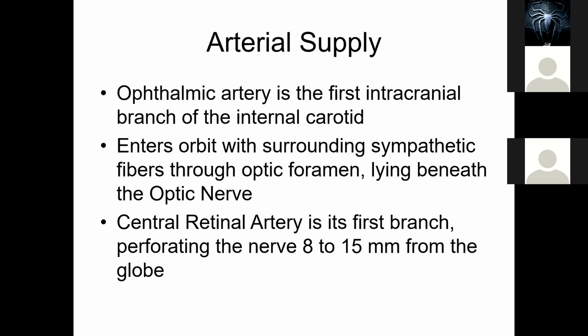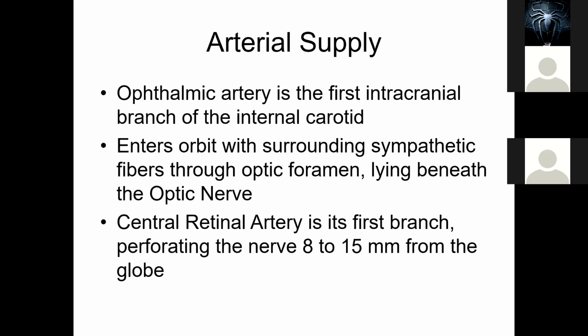All right. So the ophthalmic artery, I'm sure you've done CNS, so you remember the ophthalmic artery. It is the first intracranial branch of the internal carotid. That means that when the carotids move into the neck area, the first branch they give when they get into the cranium is the ophthalmic artery.